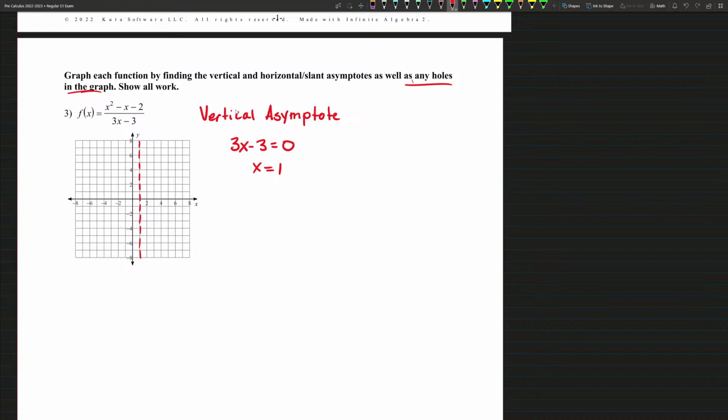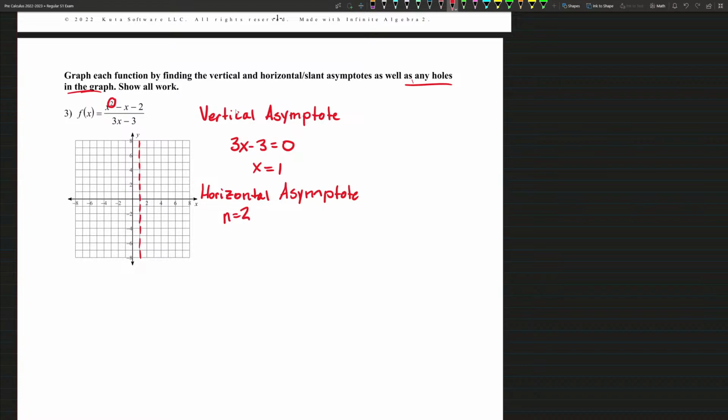Then we're going to check for our horizontal. To check for horizontal asymptotes, we're going to compare degrees of the numerator and degrees of the denominator. N is going to be the degree of the numerator. That's equal to 2.